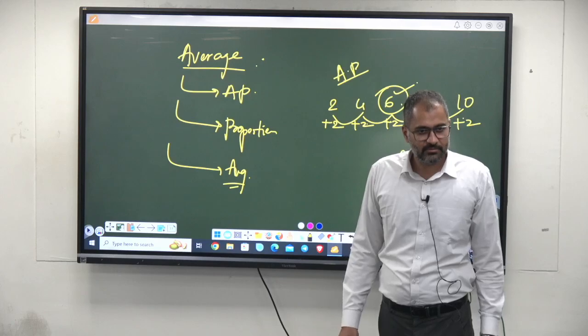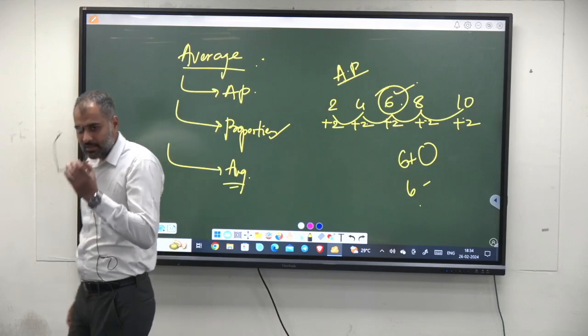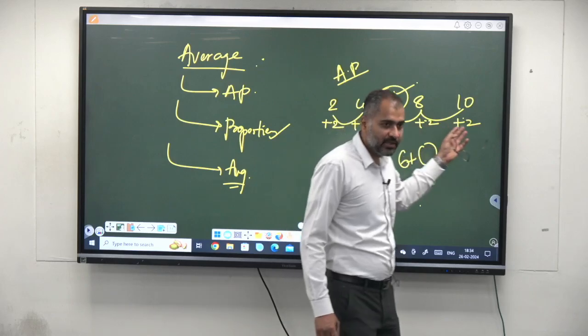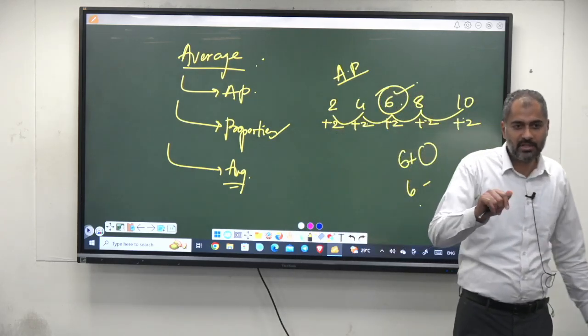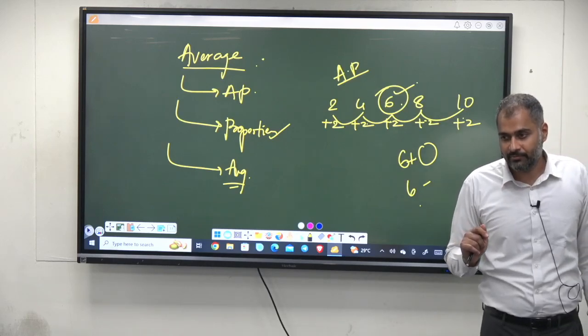Added how much? That's the properties of average. If each number is added with A, what is the new average? Average plus A. If you subtract A from each number, what is the new average?